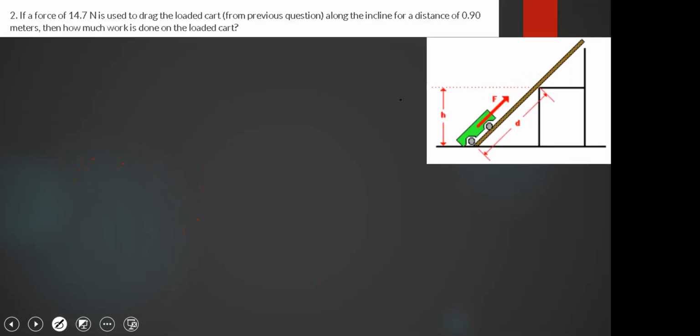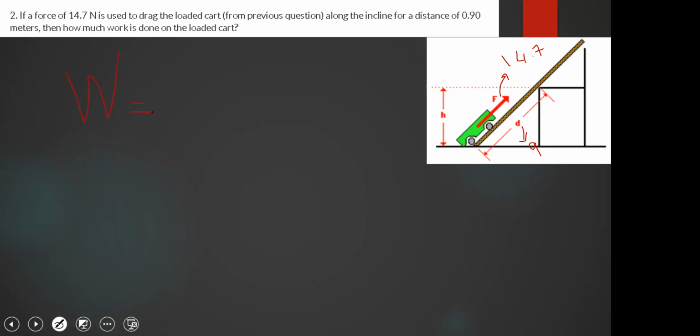Now, if a force of 14.7 Newton is used to drag the loaded cart along the incline of distance 0.9, so the inclined distance is 0.9 and the force needed to pull the cart is 14.7. How much work is done on the loaded cart? I need to find the work.